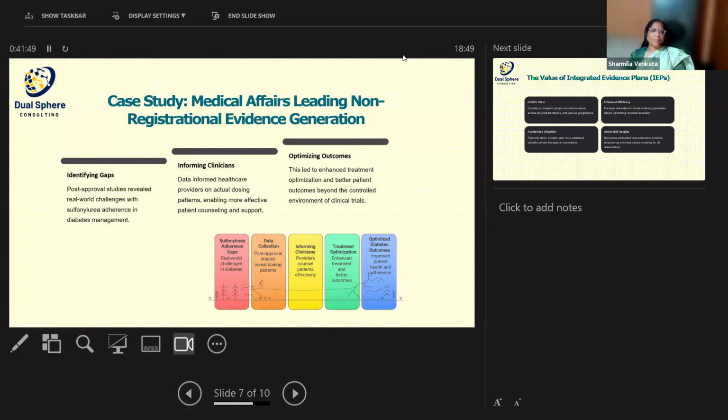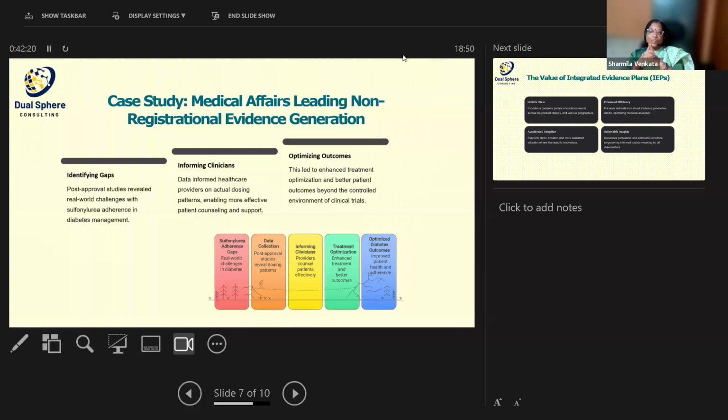In this real world case, we looked at what happened often after a sulfonylurea administration. Sulfonylureas, a common class of drugs for type 2 diabetes, were approved and widely prescribed in the patients. Clinical trials had already proven their efficacy under ideal conditions.